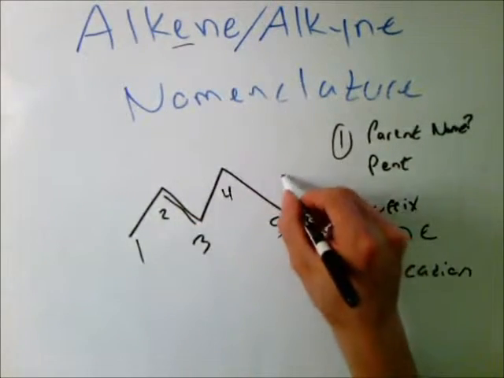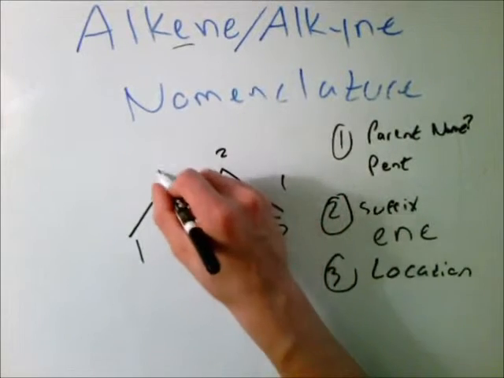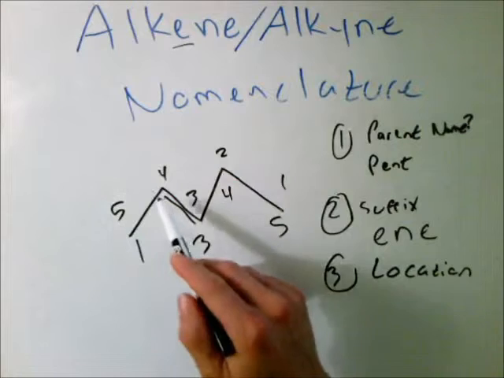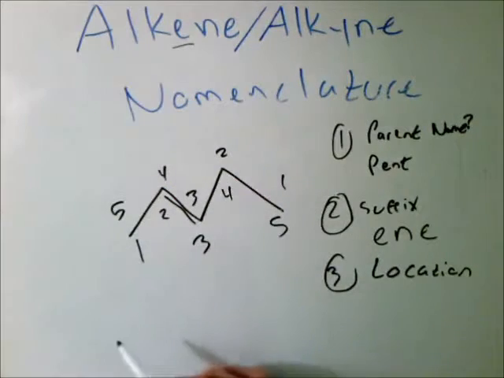Or you can go the other way. 1, 2, 3, 4, 5. Well, that's kind of confusing, because then the location of the double bond is dependent on which way you drew your numbers. So the way you do this, always make sure your double or triple bond is assigned the lowest possible number when numbering your carbons.